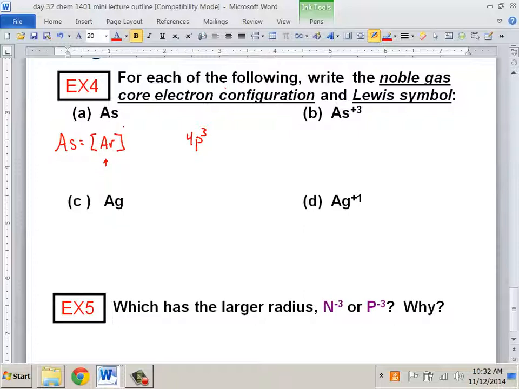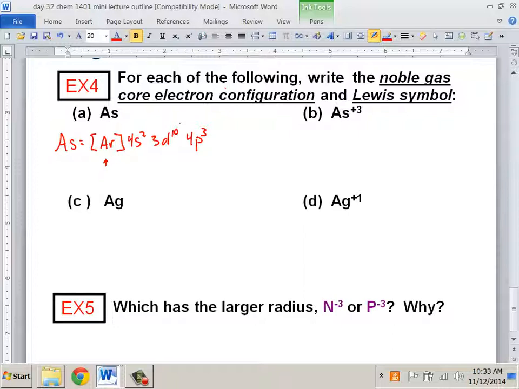And then after that, everybody, you had 4s2, 3d10, and then our 4p3, right? And then arsenic plus 3? Pretty much just erase the 4p3. Just make this a 4p0. You'd have it.